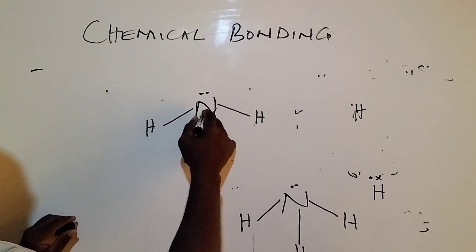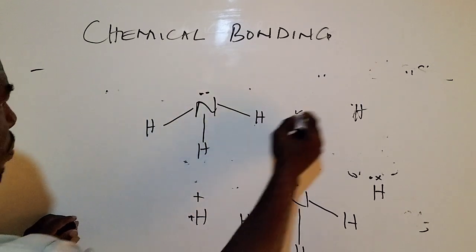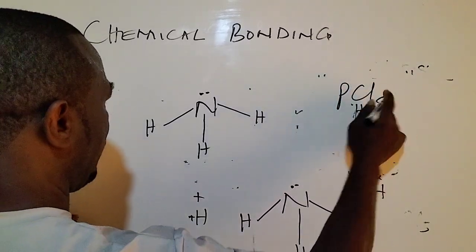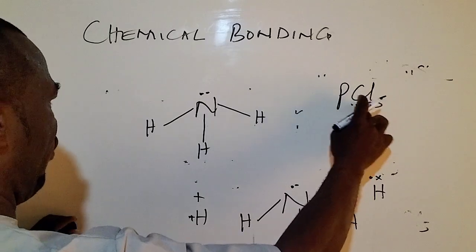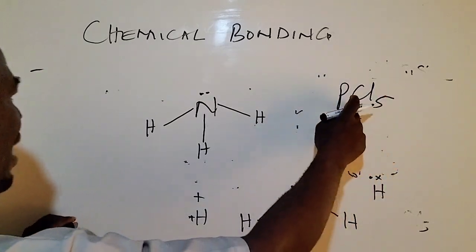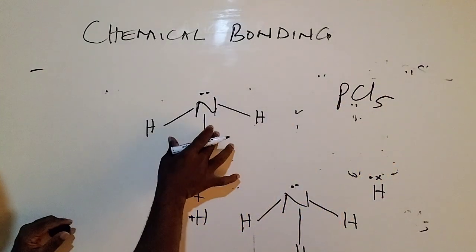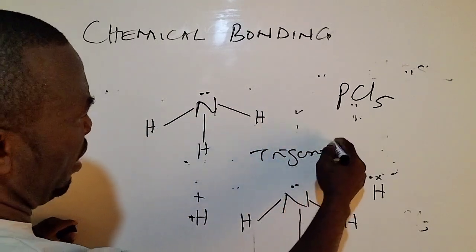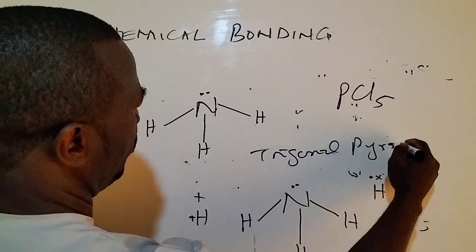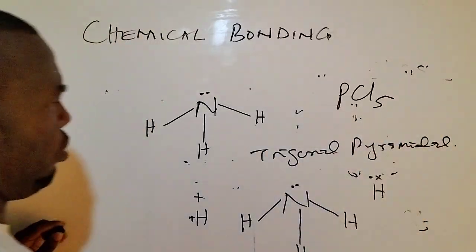Trigonal bipyramidal is the shape of a molecule like BeCl5 that has no lone pair on the central atom bonded to 5 atoms. BeCl5 is trigonal bipyramidal, but this is trigonal pyramidal shape. So ammonia has trigonal pyramidal shape. So why is this so?